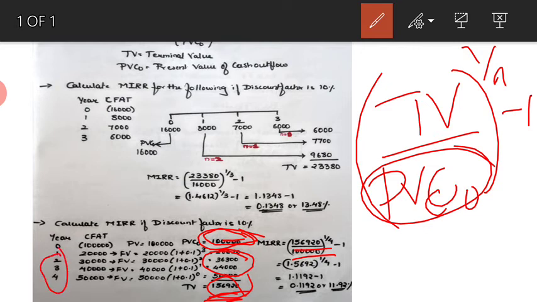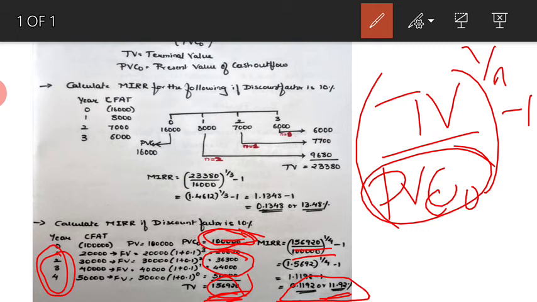Why 4? Because the number of years is 4. So 1 by 4 minus 1. If you further simplify this, you get the MIRR as 0.1192 or 11.92%. So this is how we calculate MIRR. I hope you're clear with this calculation of MIRR.